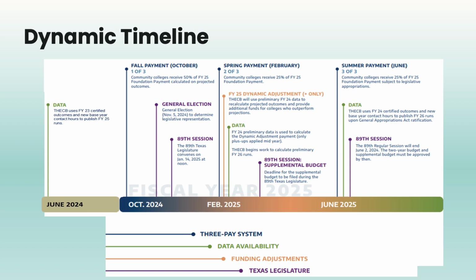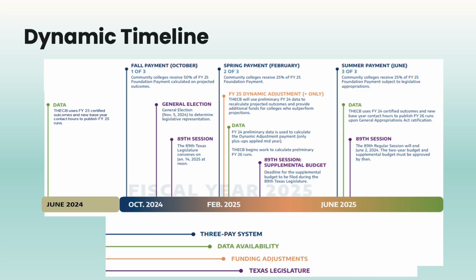Okay, so when we get that payment, typically then in the February payment, we have what's called a dynamic true-up, right? If we've actually overachieved, then this is one of the dynamic things that we didn't have in the previous model. In the previous model, when we were only looking at head counts, if you grew tremendously during that time or if something happened, you were basically on a 2-year window to catch up, right?